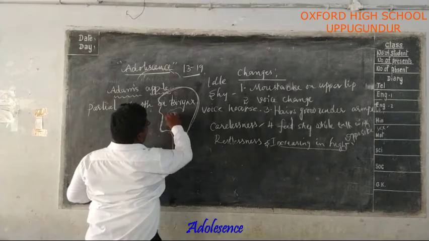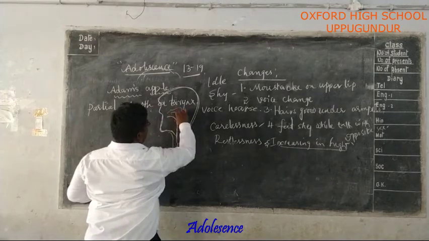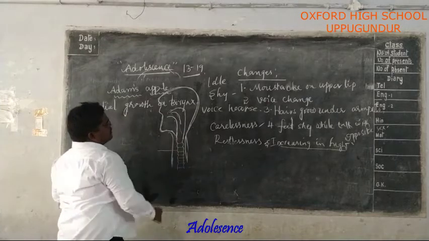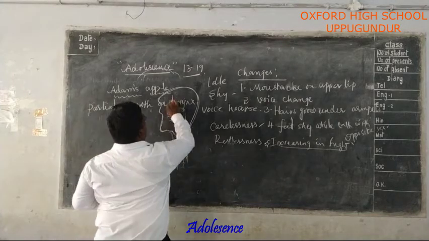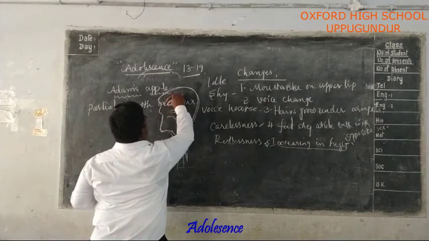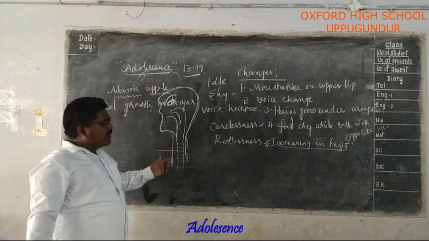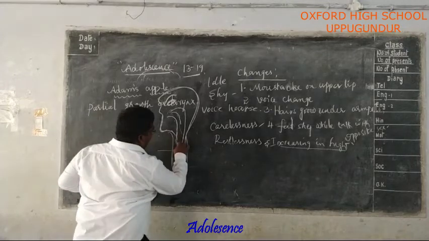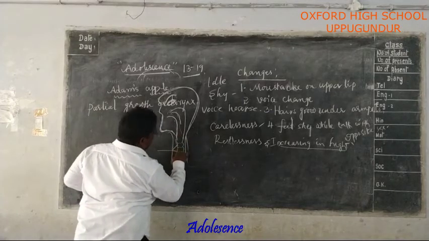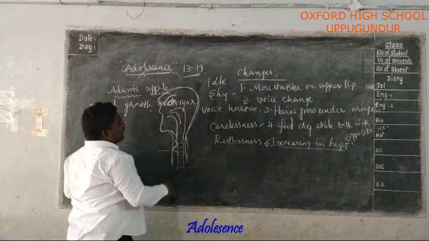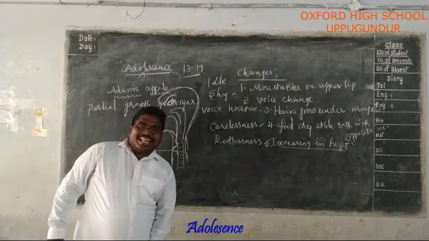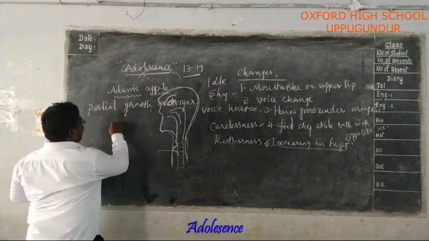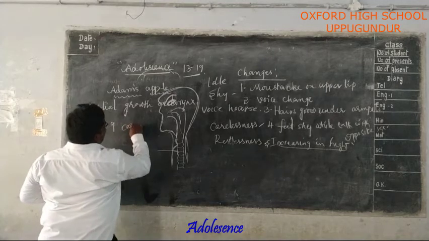It is our voice box. Adam's apple is a partial growth on the voice box or larynx. Dear students, the larynx is made up of 9 cartilages.